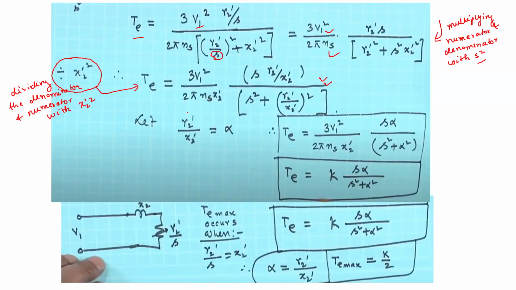Now let us suppose we substitute alpha equal to R2 dash by X2 dash. So we are substituting alpha in place of R2 dash by X2 dash, and you will see that you get a very simplified expression.